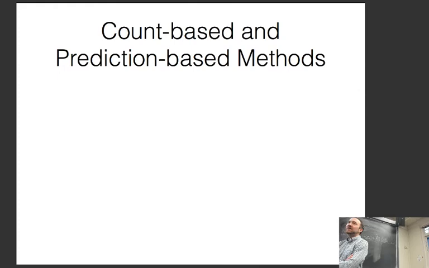It was written by Marco Baroni, who really liked count-based methods. The story behind that paper was he was trying to show that count-based methods did just as well as prediction-based methods, and he wasn't able to do so. So he changed his way of thinking, that prediction-based methods were actually pretty good.